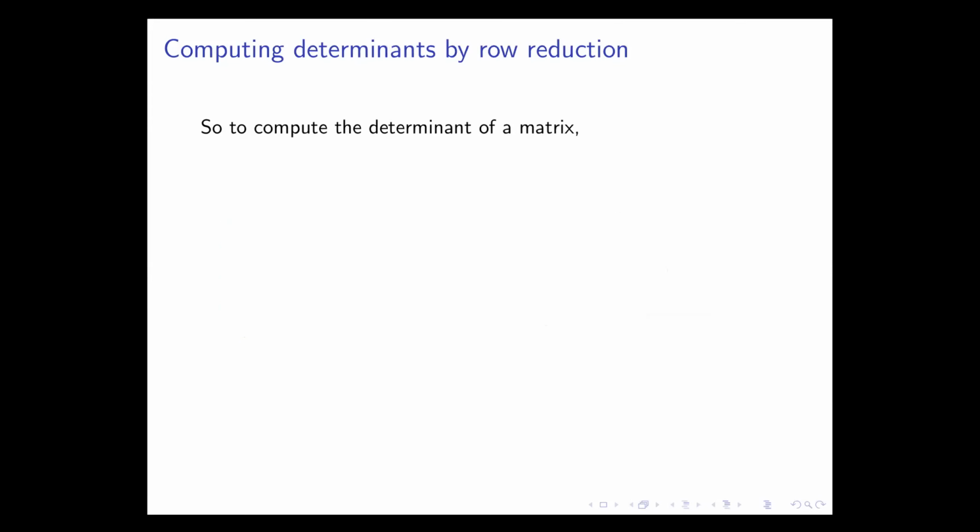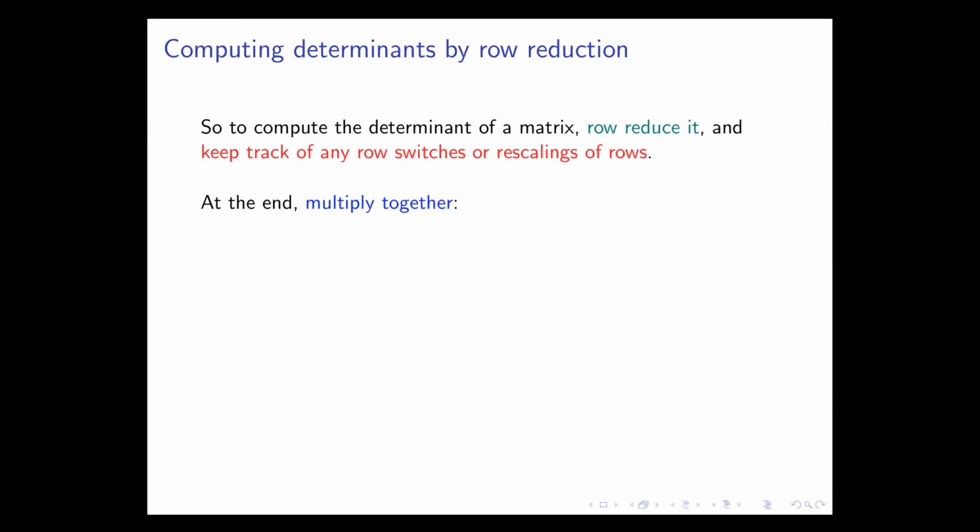So to compute the determinant of a matrix, we first row reduce it and keep track of any row switches or rescalings of rows, right? Because these minus signs will accumulate, we need to keep track of them.